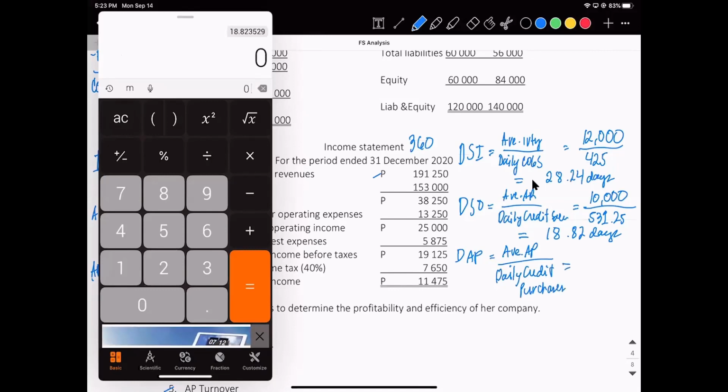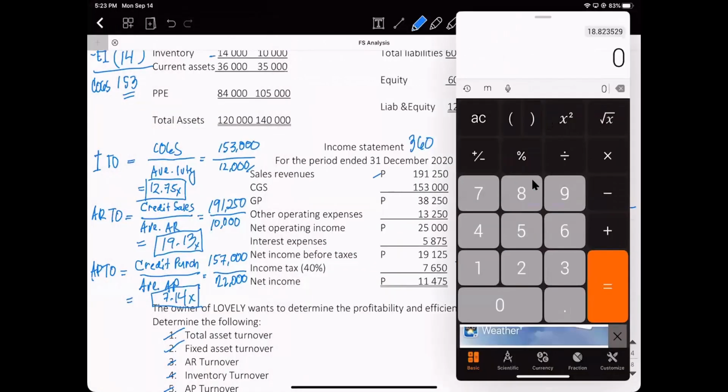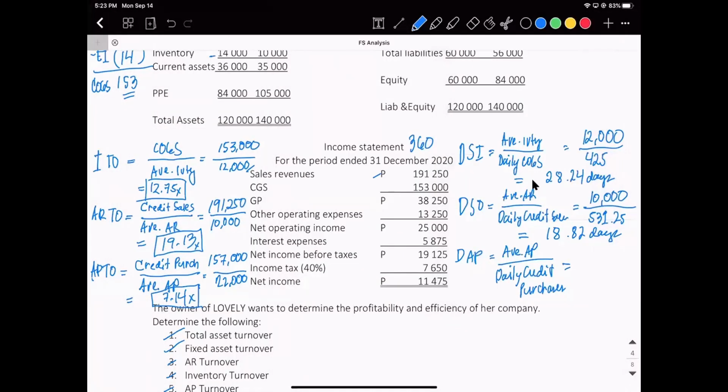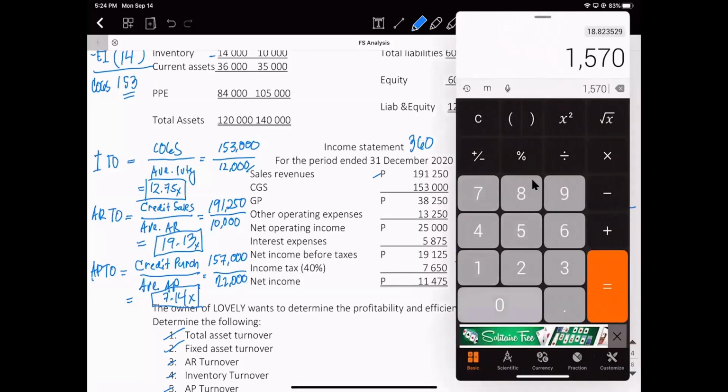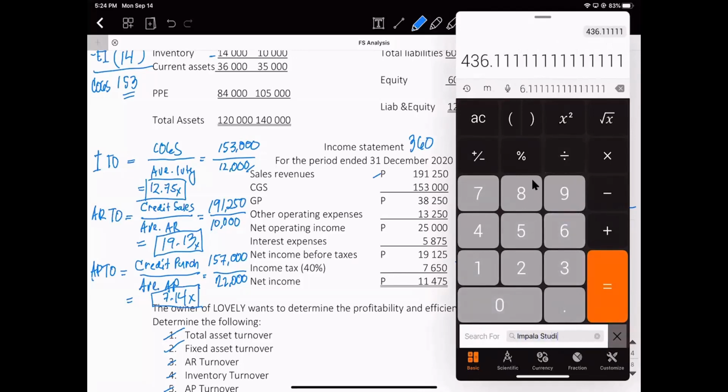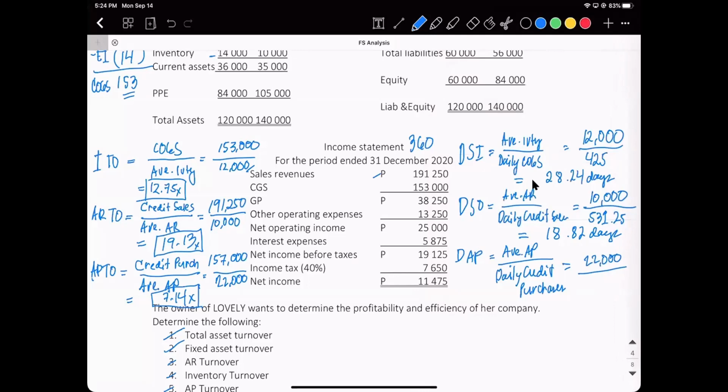Average accounts payable is 22,000, divided by the daily credit purchases. So daily credit purchases is 157,000 divided by 360. Okay, so 436.11.